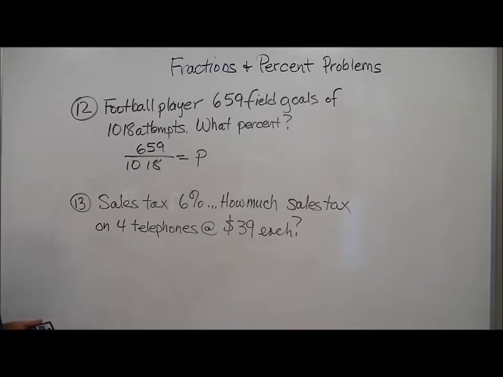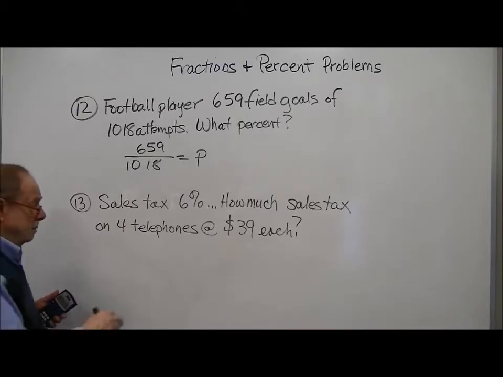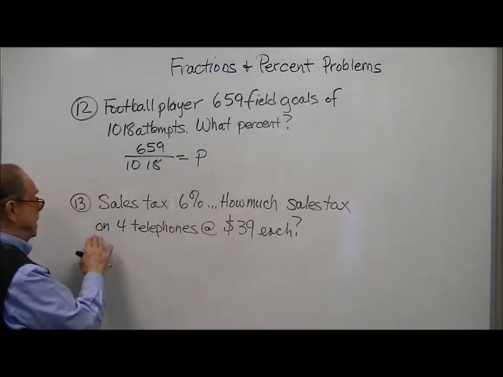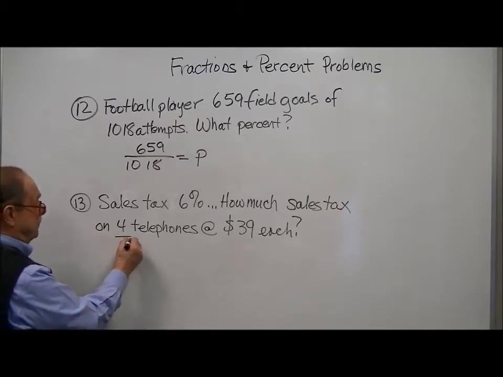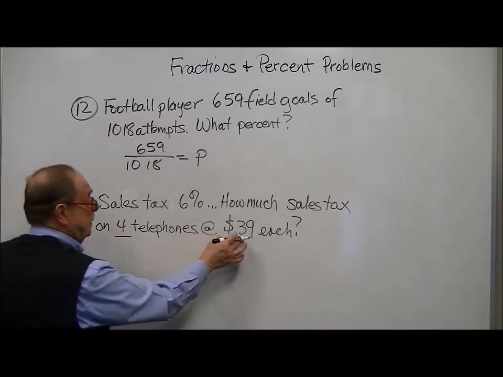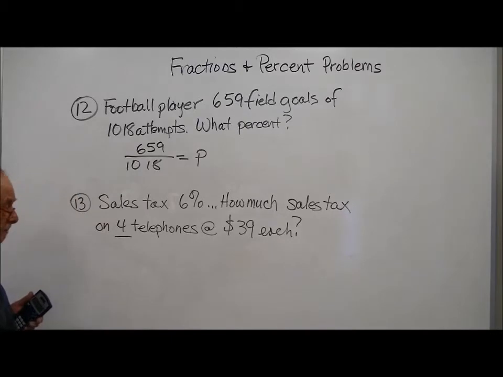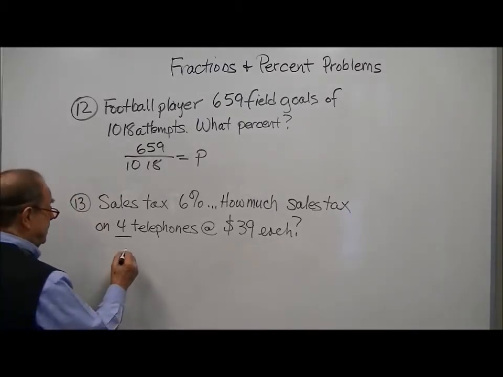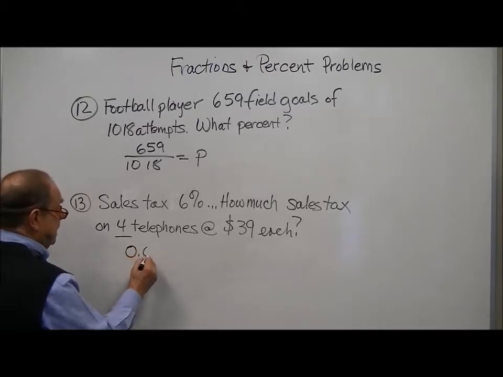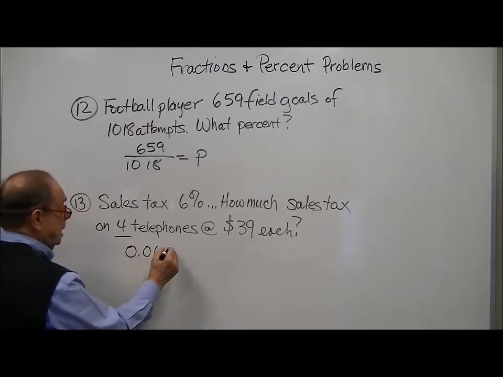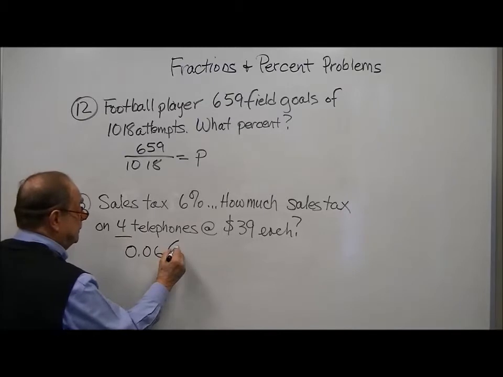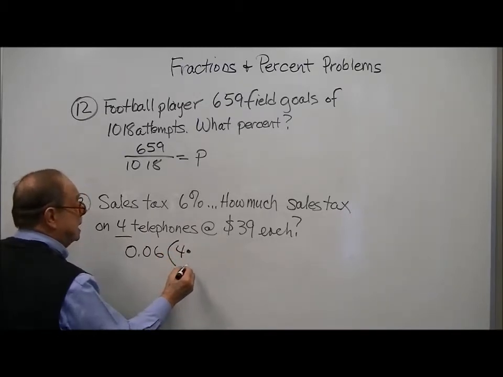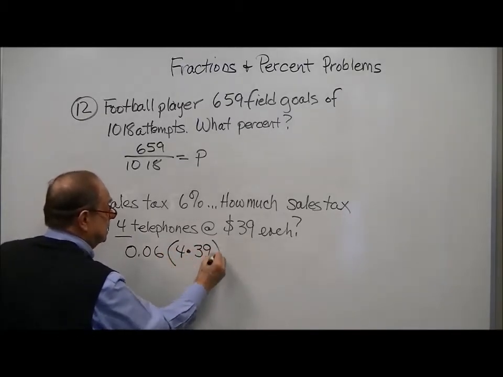Sales tax of 6%. How much sales tax does someone pay if they buy 4 telephones at this much each? So basically it's going to be 6% of the product of 4 times 39.